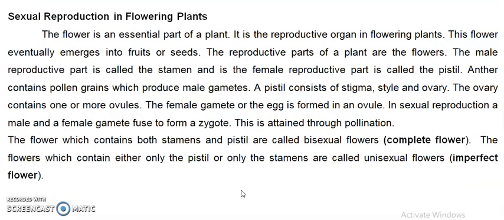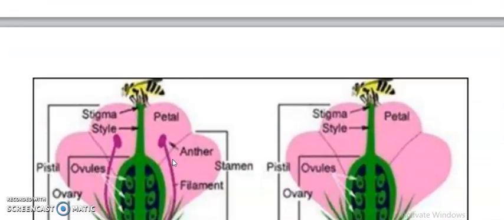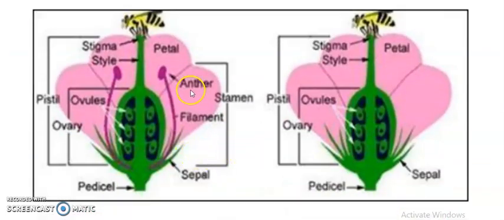In the flower, the male reproductive part is called the stamen. Here is the stamen.